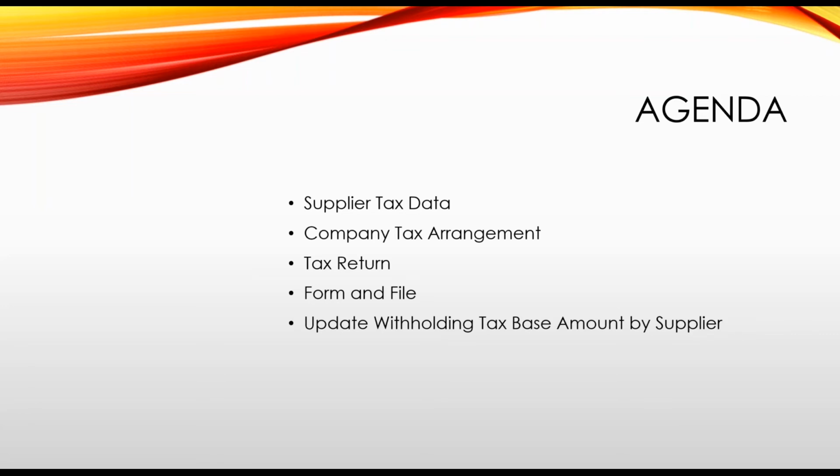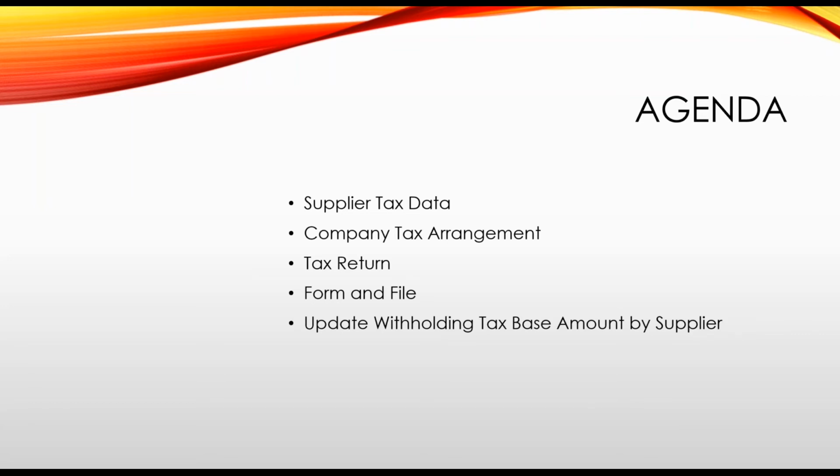We're going to look at setting up the company tax arrangement, and then the process of actually creating the return, and we'll show you the Form B as well as the file that is created for the 1099 NEC. And then we'll go through the process of what we would need to do to update the withholding tax base amounts for any supplier if you realize that your tax return did not create the same amounts that would be on maybe a payment report.